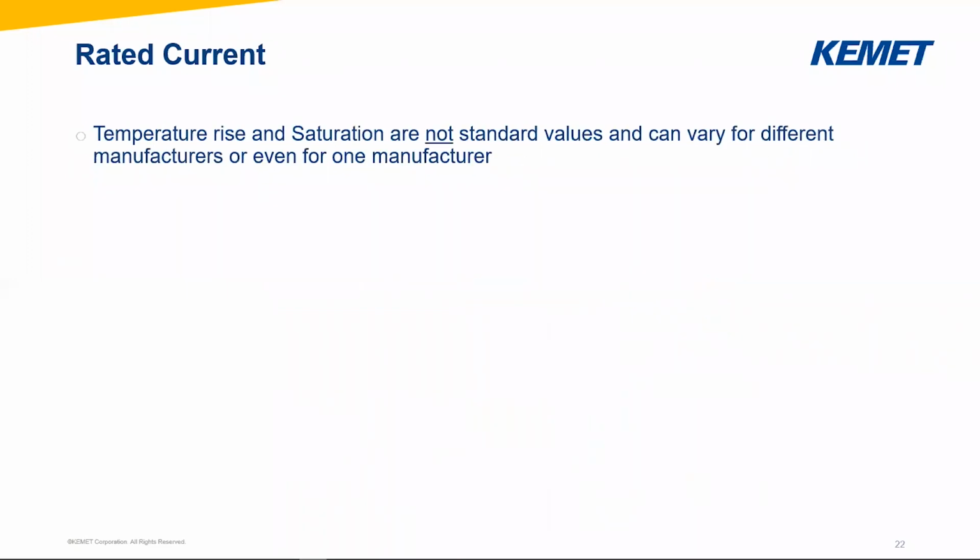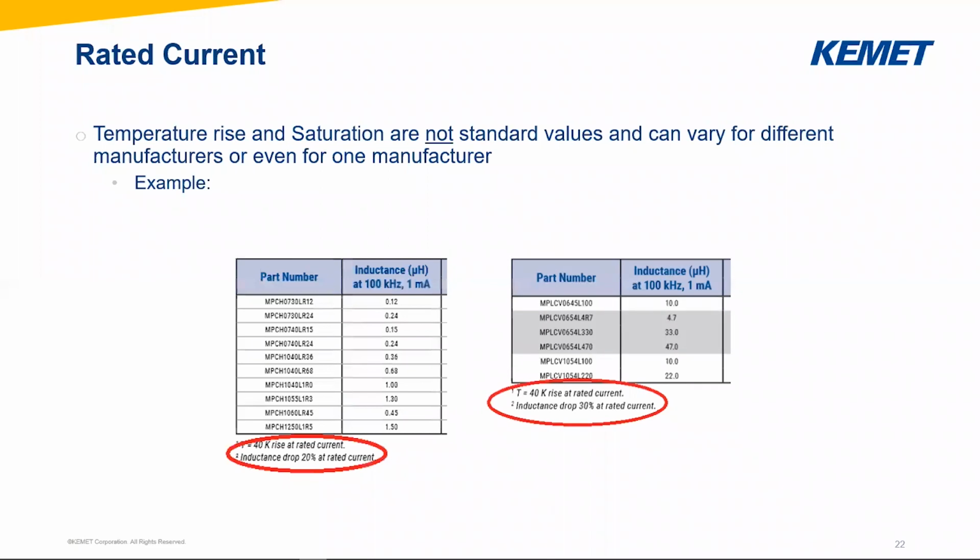Temperature rise and saturation currents are no standard values, and they can vary between different manufacturers and also within each manufacturer. So these are 2 older components we have, and you can see sometimes we even show 30% and 20%. And I can clearly show you the same picture from competitors, because it's not a standard.